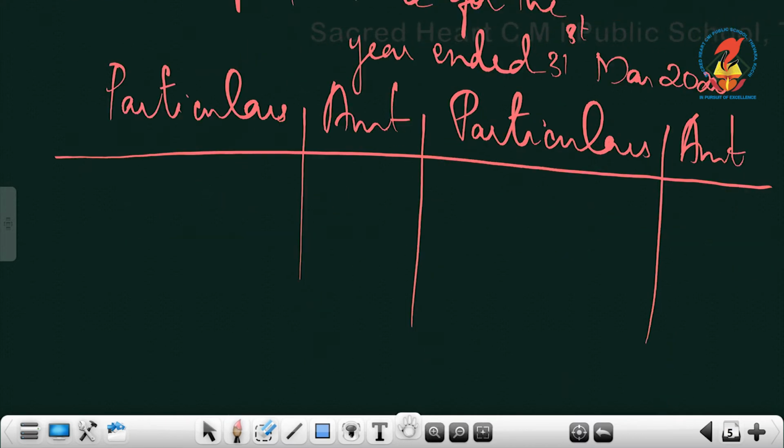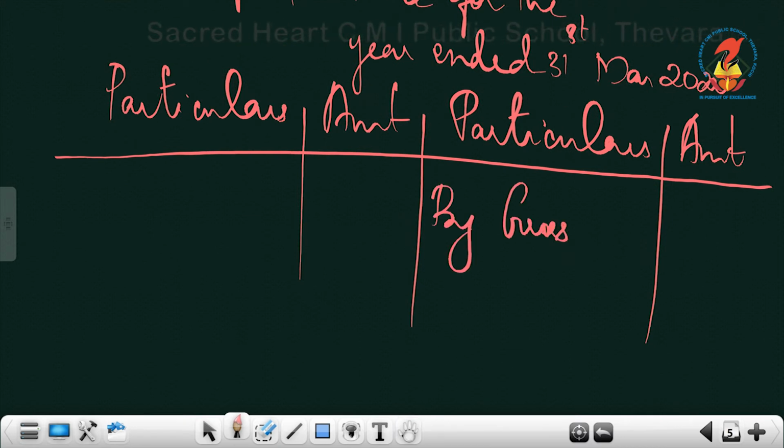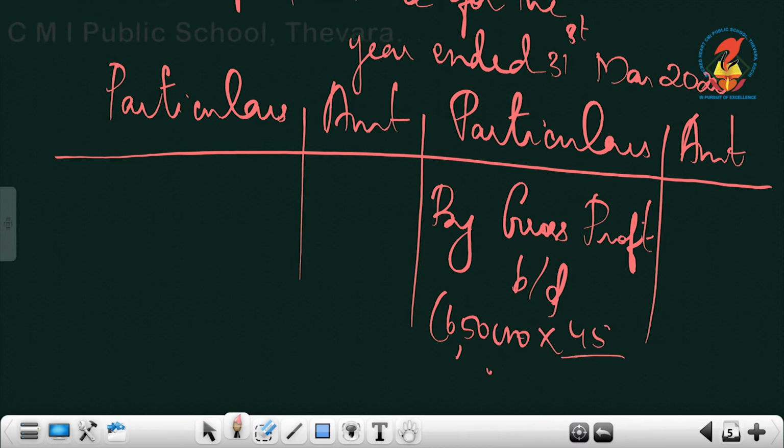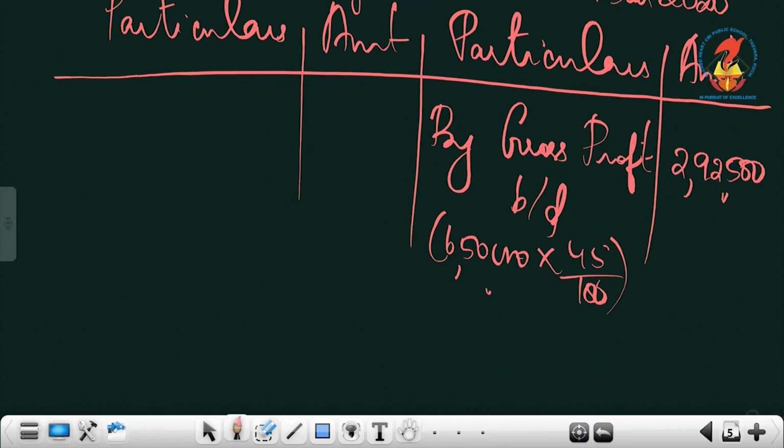Okay, so we are starting with the gross profit. By gross profit brought down, you compute 6,50,000 into 45%. Compute this figure. It is 2,92,500. With this figure you will start doing.